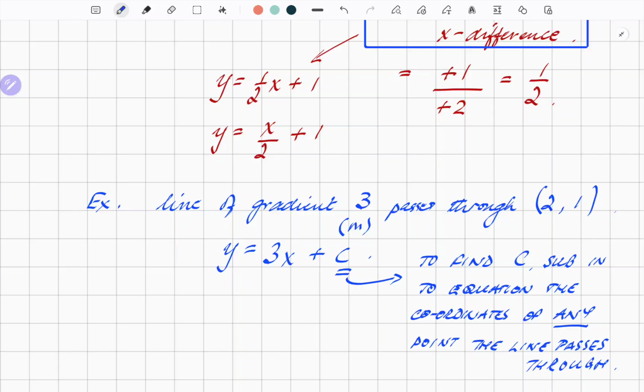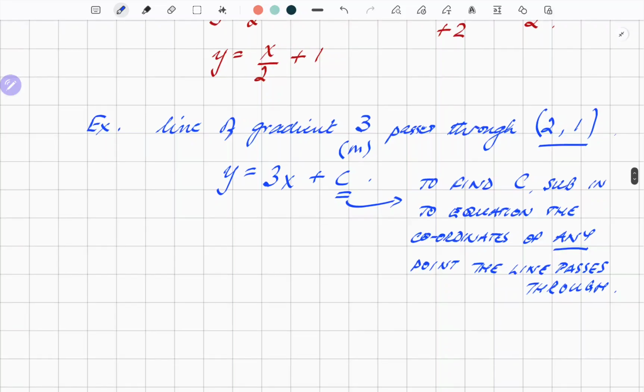In this case, that's the point 2, 1. So what we do with that is, we know that, remember, 2 is x and 1 represents y. Those are the coordinates.